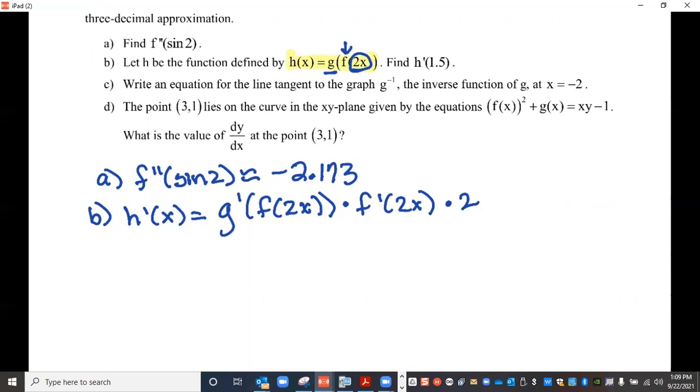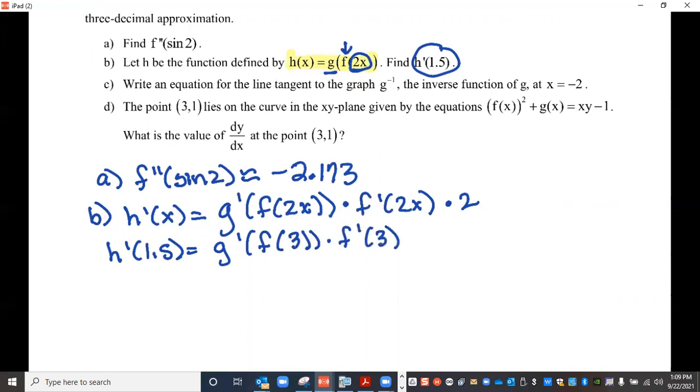So now it wants me to find h prime of 1.5. So I'm going to have to plug in 1.5 for x. So g prime, again, what's 2 times 1.5? 3 times f prime of 3 times 2.